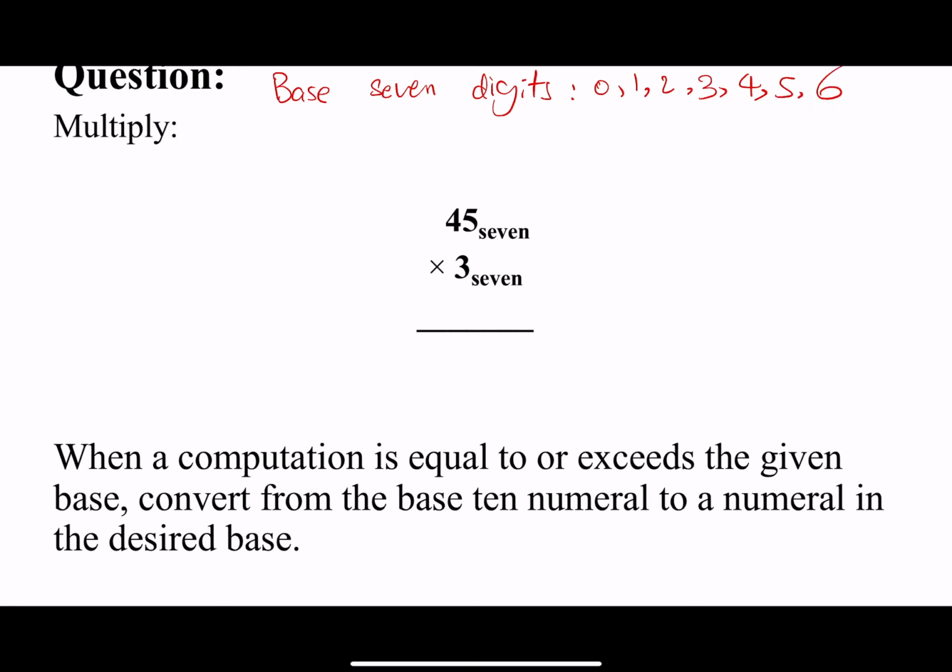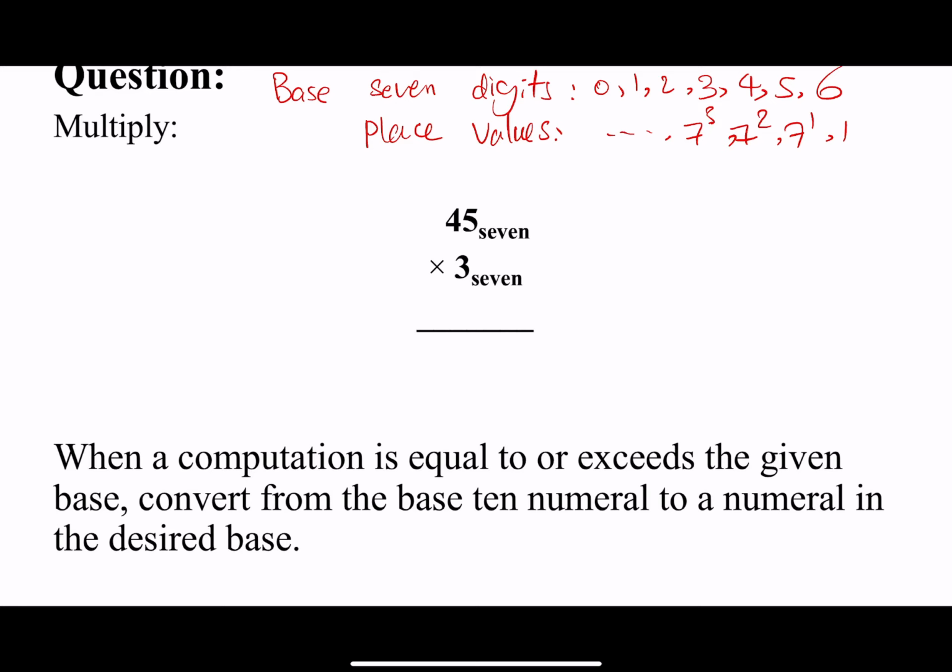And I write down the place values: powers of 7, 1, 7 to the first power, 7 to the second power, 7 to the third power, and so on. Now I want to start the computation.